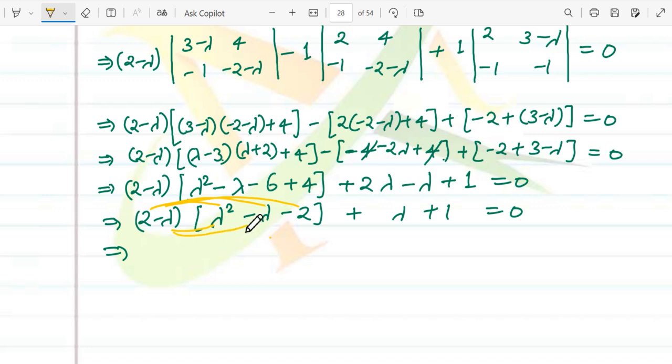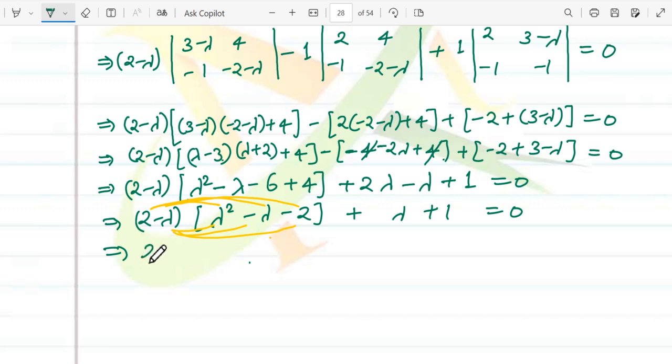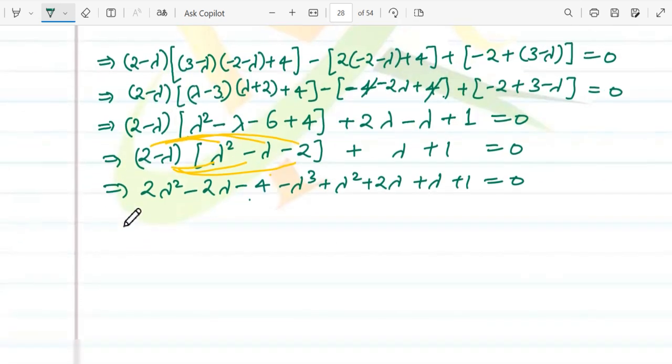Now this into this into this and this into this. कितना बन जाएगा भैया? 2 lambda square minus 2 lambda minus 4 minus lambda cube plus lambda square plus lambda square plus 2 lambda plus lambda plus 1 is equal to 0. This is lambda cube.